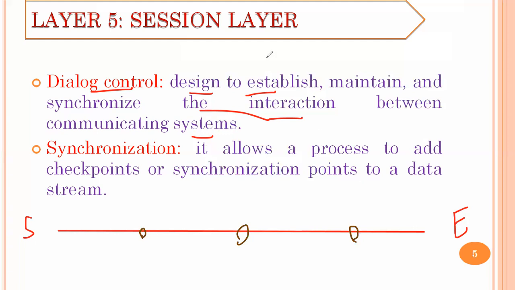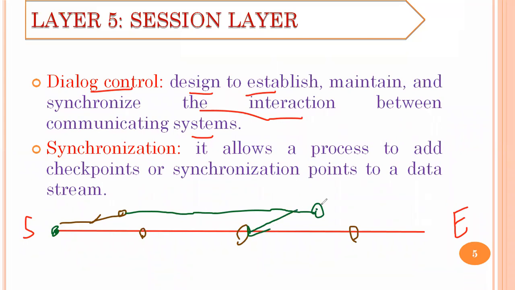Okay, so suppose you are moving from this point to this point, and at this point your car gets damaged, so you will start again from the starting point. But when you go from here, and then you are at this point, and at this point your car gets damaged, rather than starting from the starting point, your car will start from this checkpoint. So these are the checkpoints.